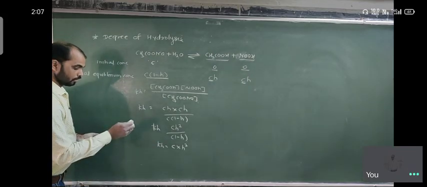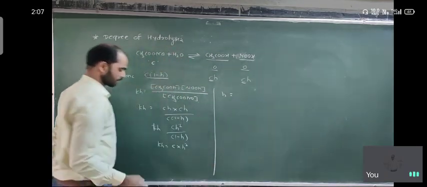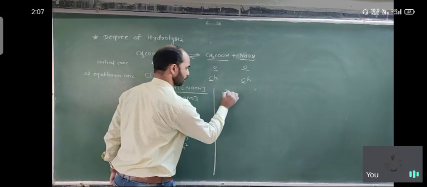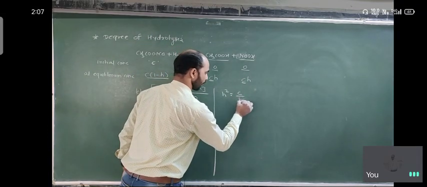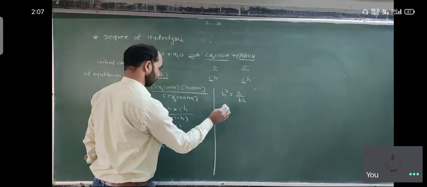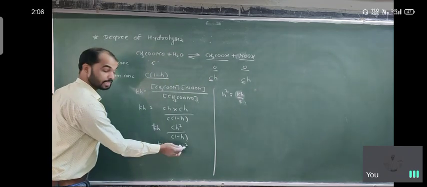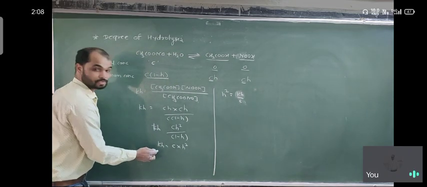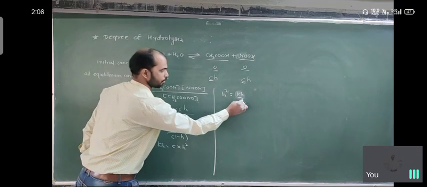Using this, we get h square is equal to Kh upon C, since C comes to the denominator.